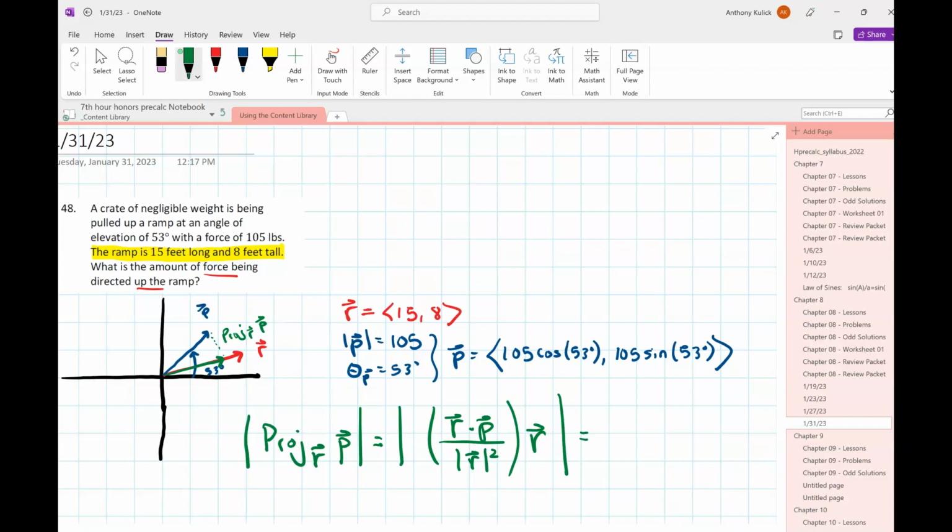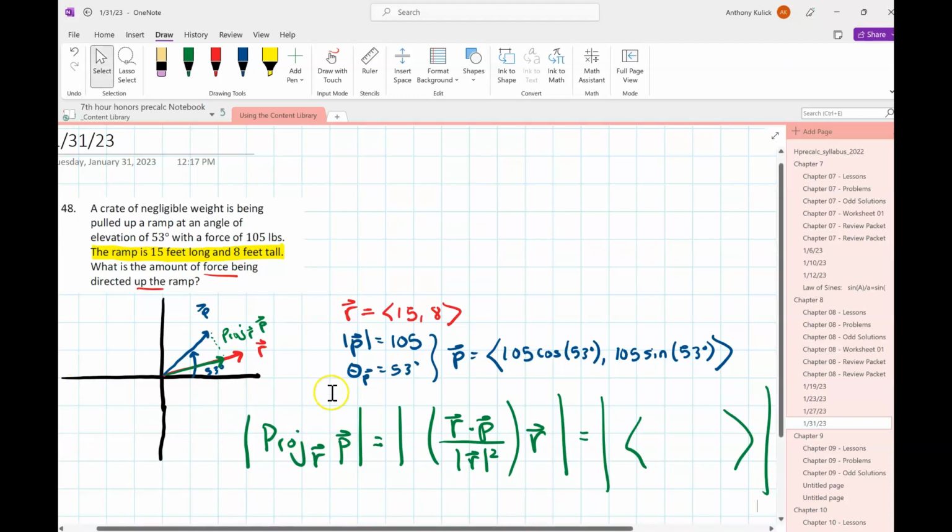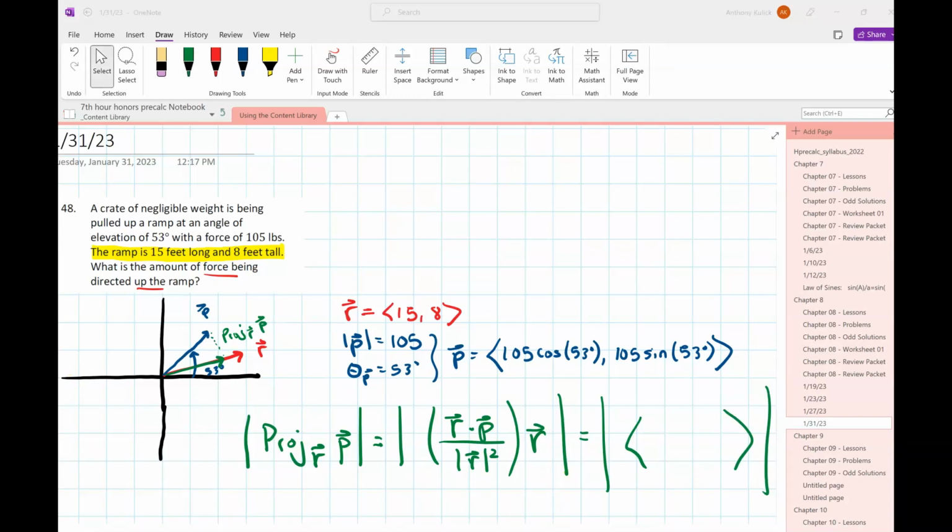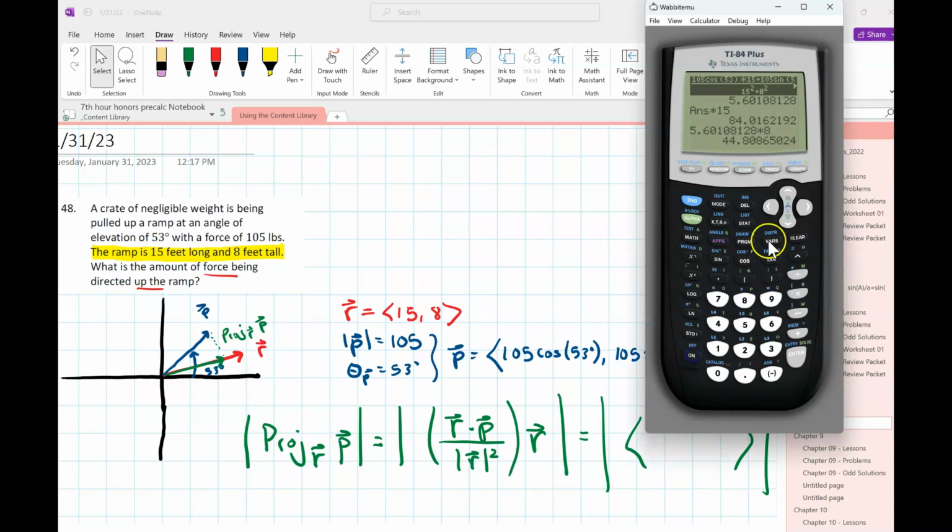So I think I'm going to do at least the projection part all in my calculator. Probably just be simpler to do that way.